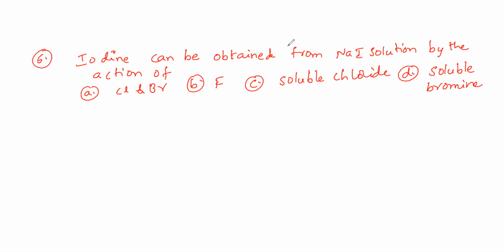The answer is chlorine and bromine, because they form interhalogen compounds. So chlorine and bromine can displace iodine from sodium iodide solution. I hope it is clear.